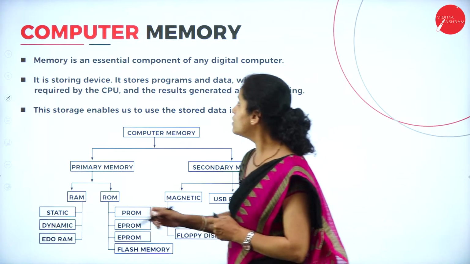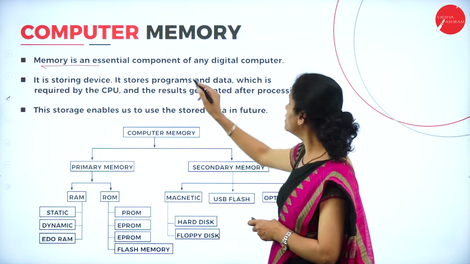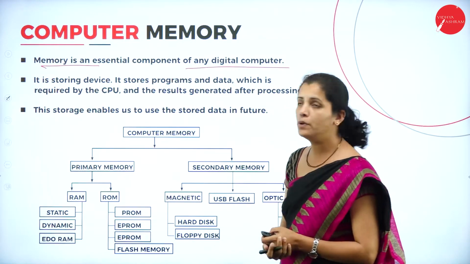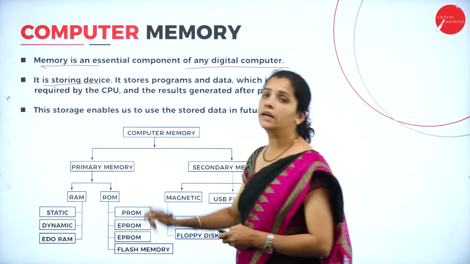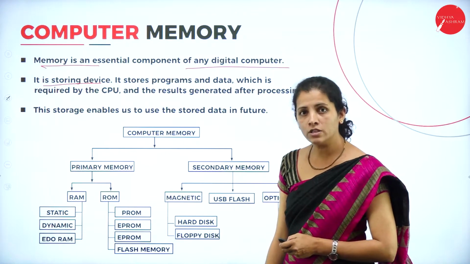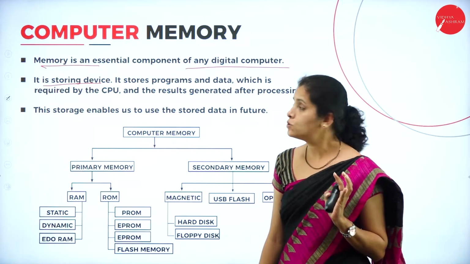output. So memory is an essential component of any digital computer, and it is a storing device or repository, or I can consider it an asset. So what is memory?